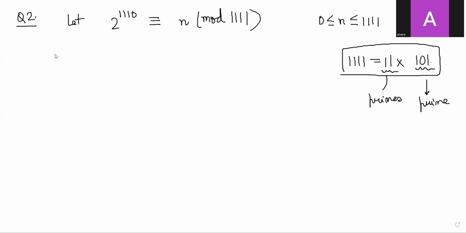How will you break it up? Would you say 2 power 1110 is equal to n mod 11? Wait, no, we can't say for sure it is n. You have to check. So it'd be a1 mod 11, and then a2 mod 101.